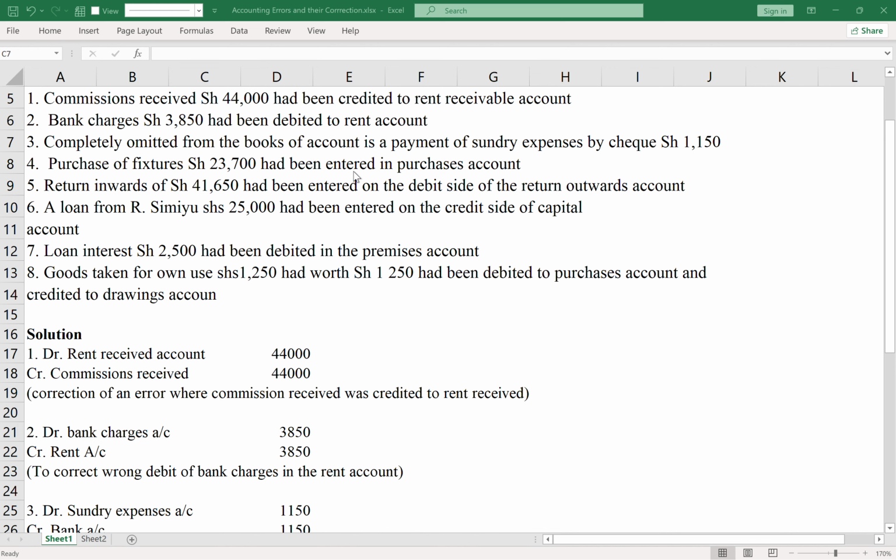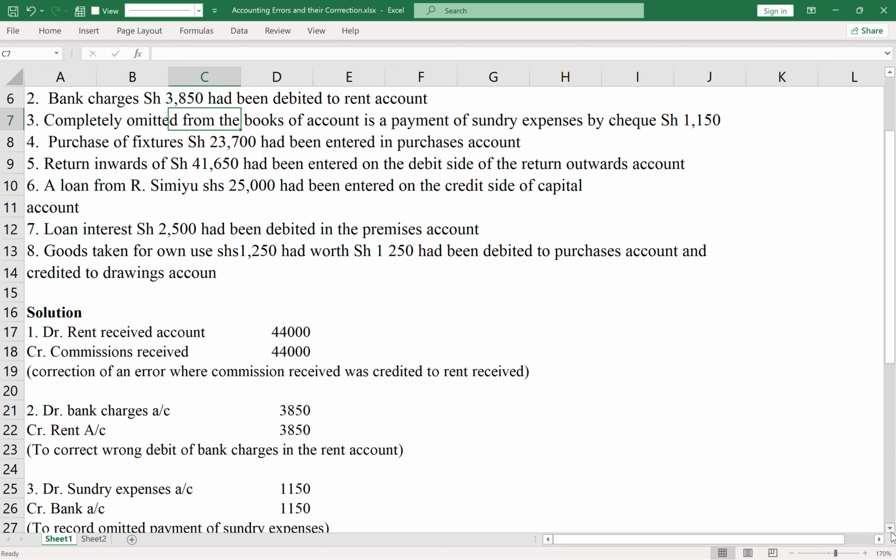Completely omitted from the books of account is the payment of sundry expense by check, 1,150. So here we have a complete omission.